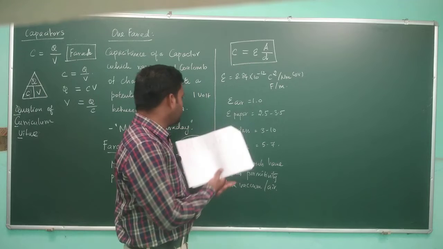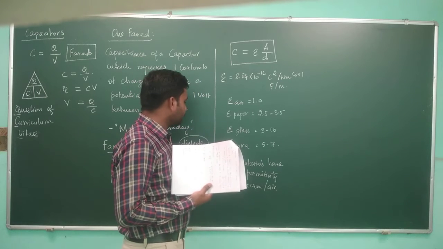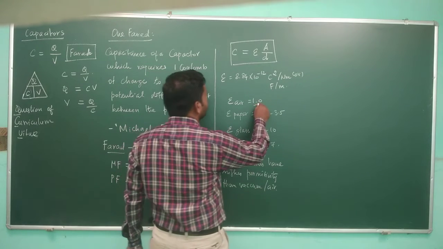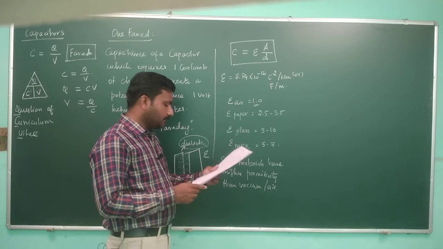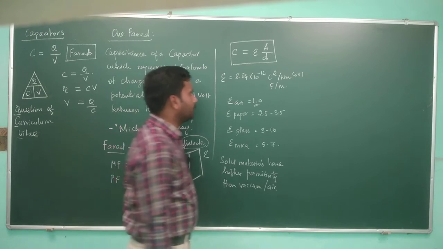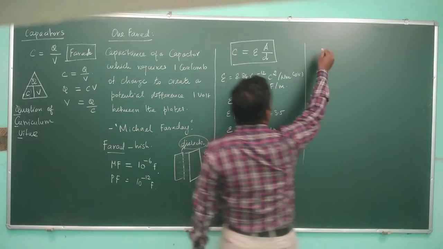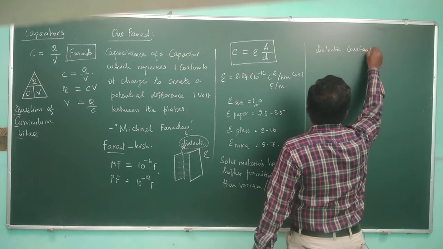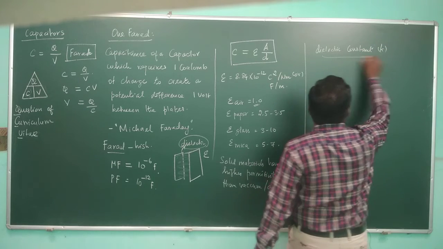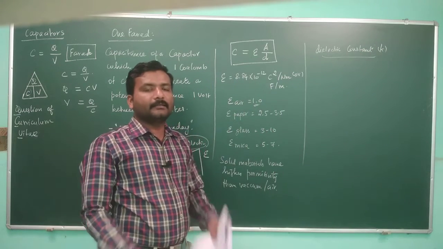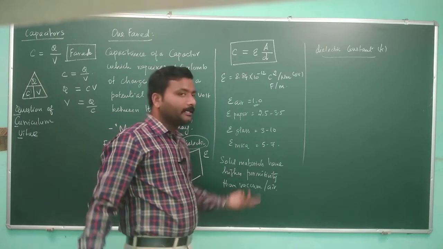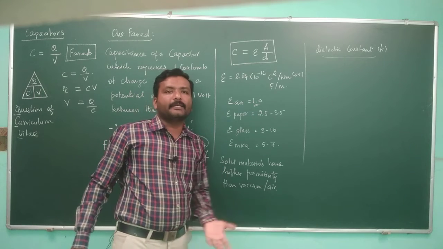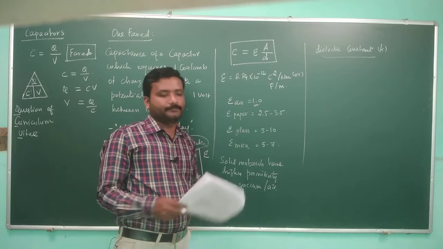And you see, these solid materials which are having higher permittivity are denoted with a parameter called dielectric constant K. Dielectric constant will give a quantitative idea about how much higher the permittivity of this solid material is than the vacuum.